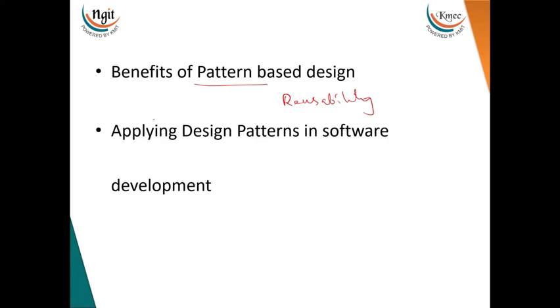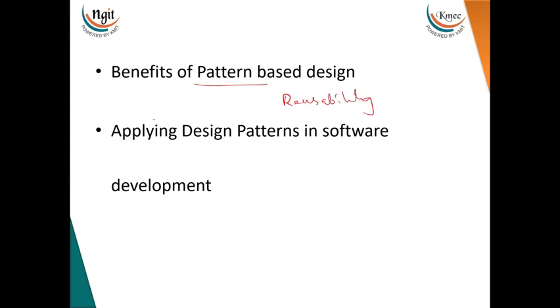Applying design patterns in software development, choosing the right design pattern is always essential in achieving the desired outcome. Because there can be many patterns available, it is quite important what kind of right choice we make from that.